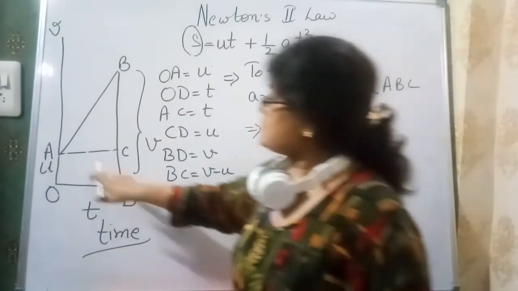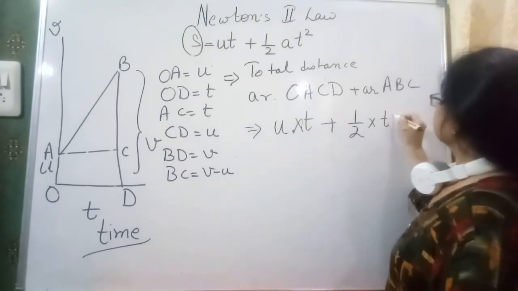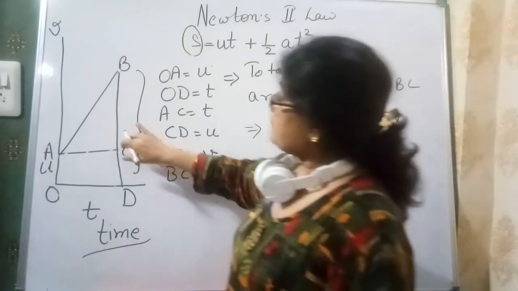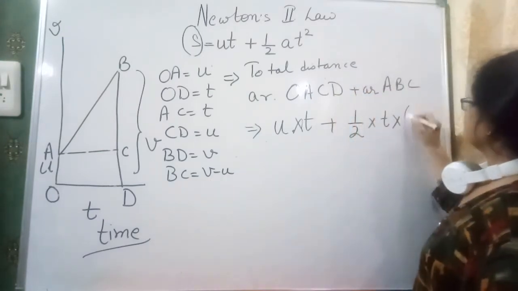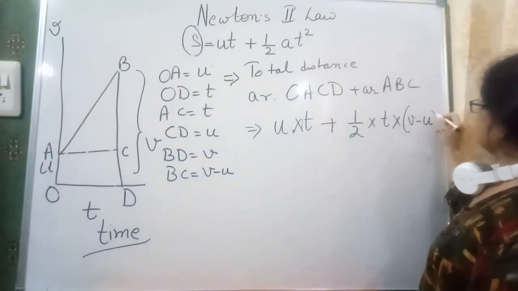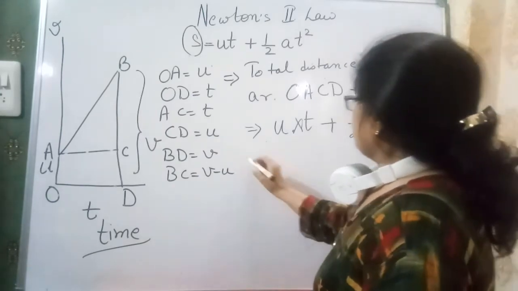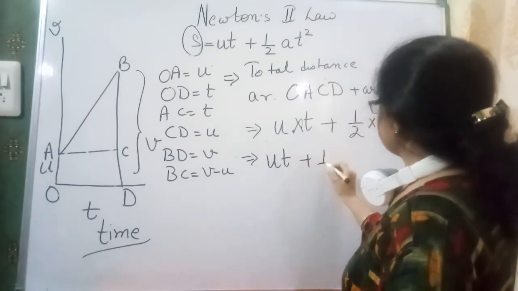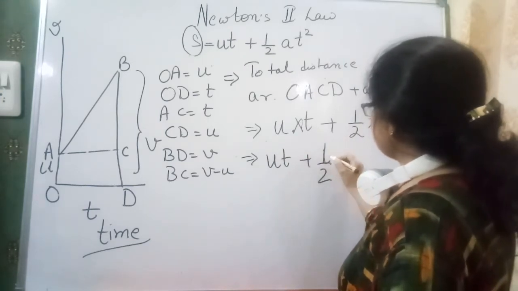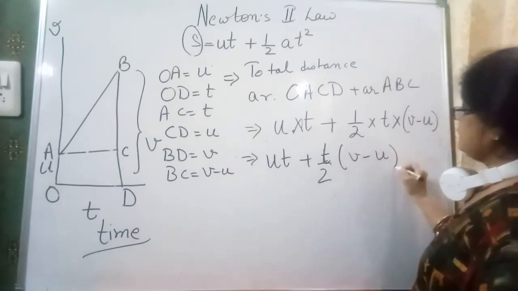What is base? AC. AC is what? T. And height? BC. BC what did we calculate? V minus U. V minus U. Now, we have ut plus half, that is t by 2, v minus u.